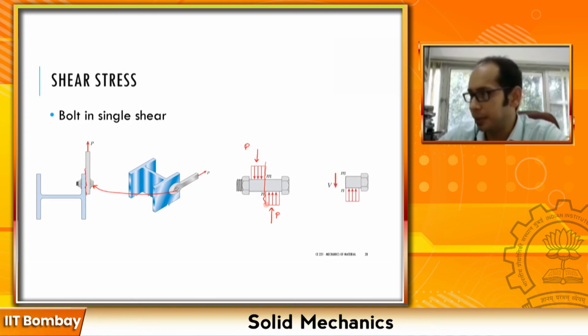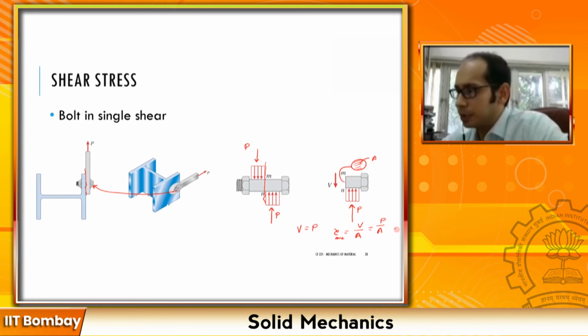If this is the shear force acting on this surface, and I draw how this cross section looks, maybe a circular cross section with area A, then this V must be equal to P. So you have tau equals V divided by A, or tau average equals P divided by A. This is another example of the bolt in single shear.